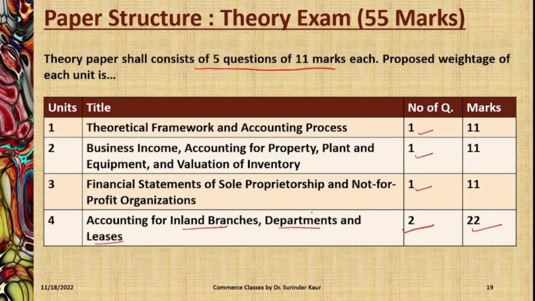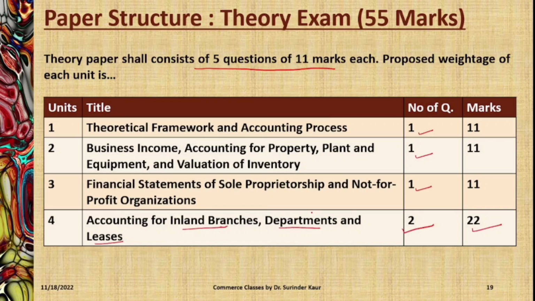You will have internal choice, but choices will be set in such a manner that all the topics are covered. So maybe one part may have a question on branches and departments, and the second question may be on lease. The questions will be such that we cannot leave any topic. We have to solve all the topics.